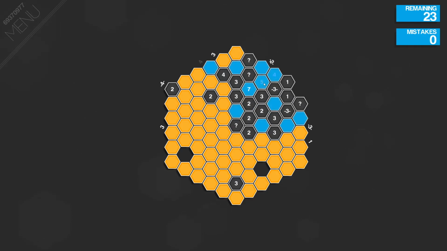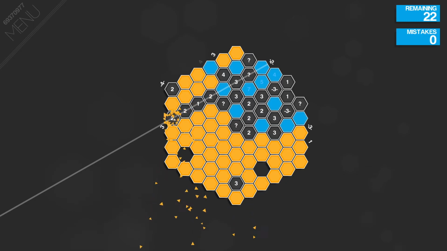So I can close him off, I can close him off. This 3 means must be that one. So I can close that 7 off. And now we're back to a more generic puzzle. Which doesn't mean easy, unfortunately.